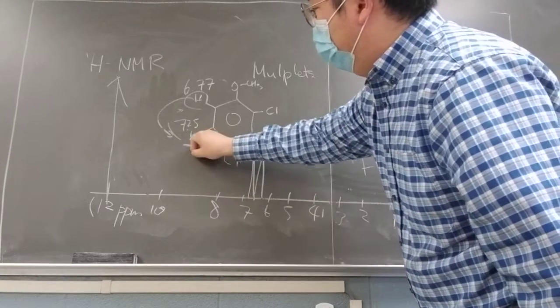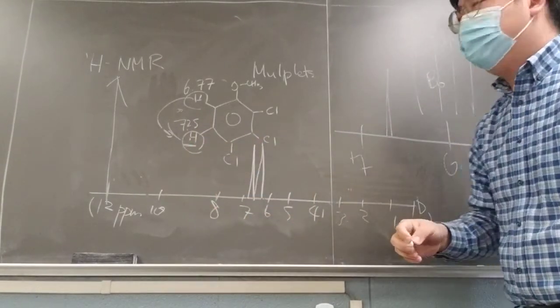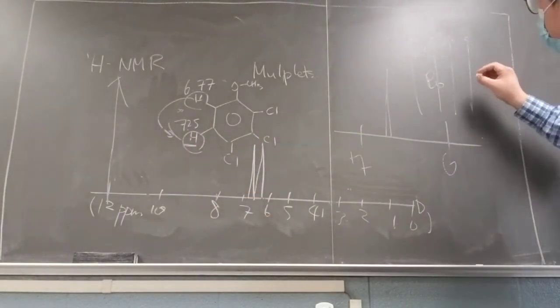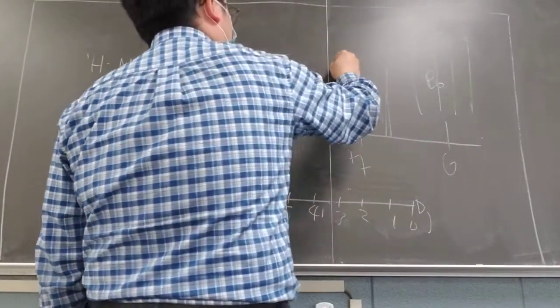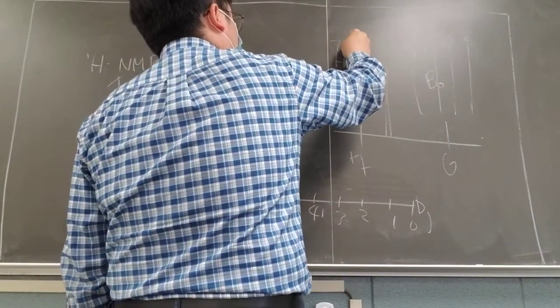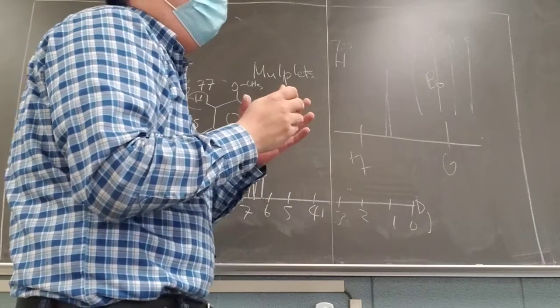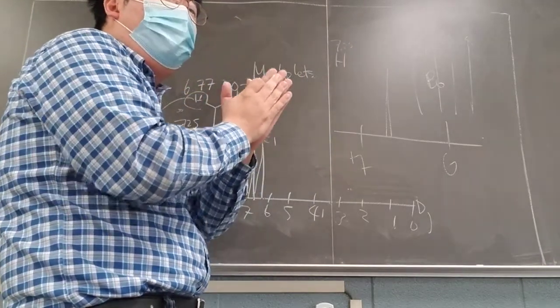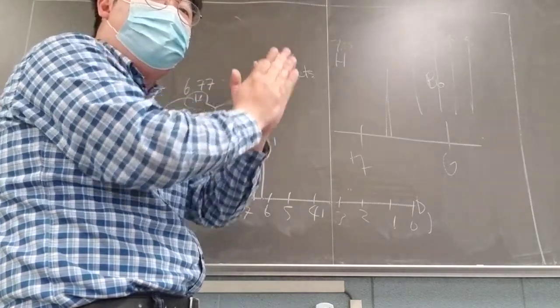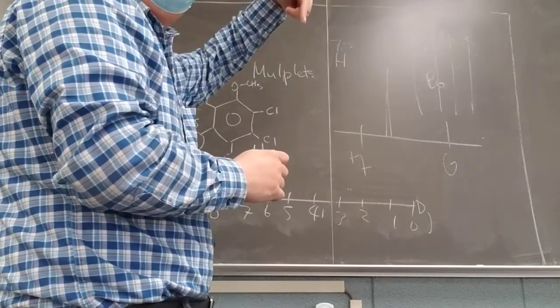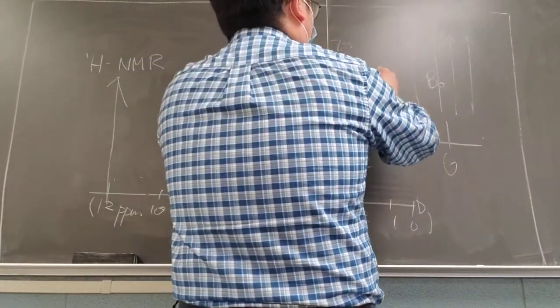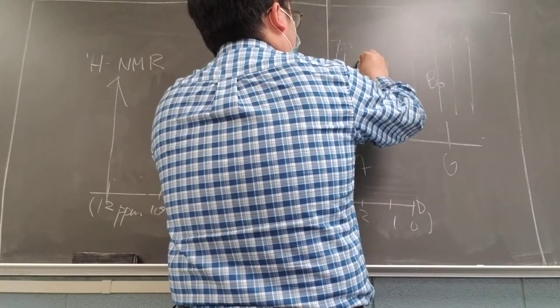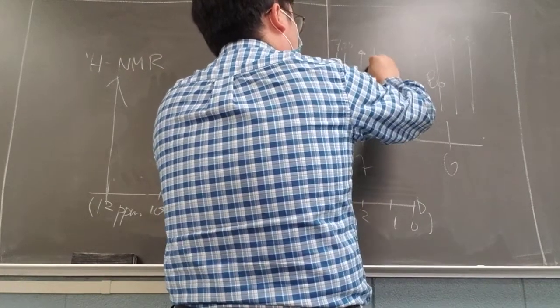But the protons on this position can have alpha spin or beta spin, meaning they can align with the applied magnetic field or go against it. So the magnetic spin can go like this or this.